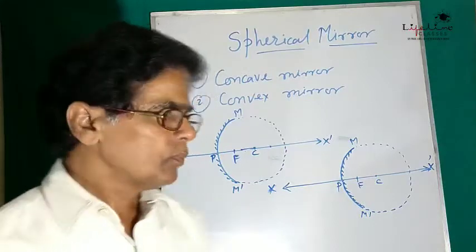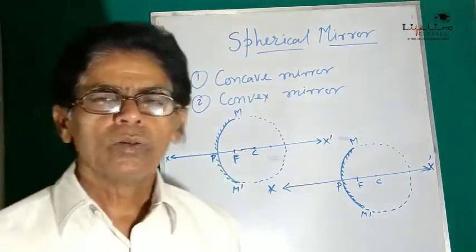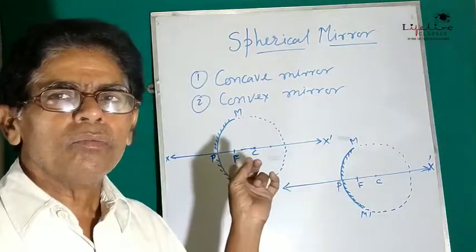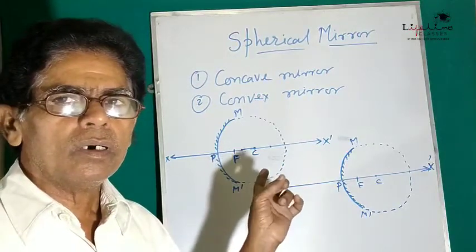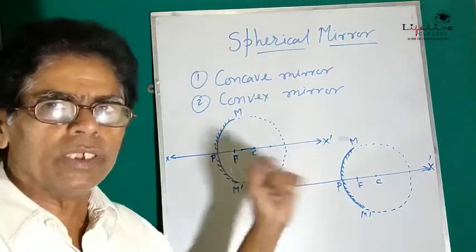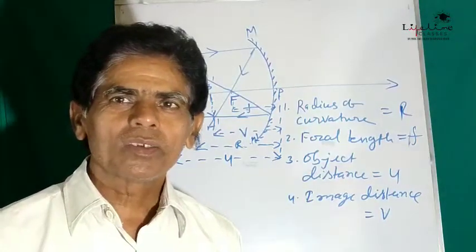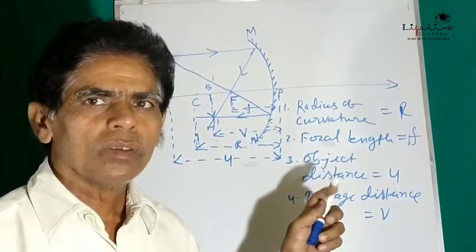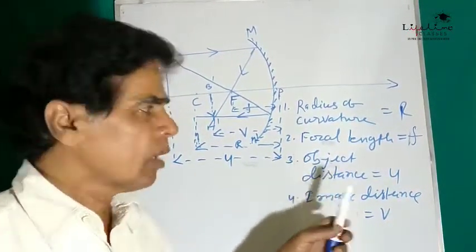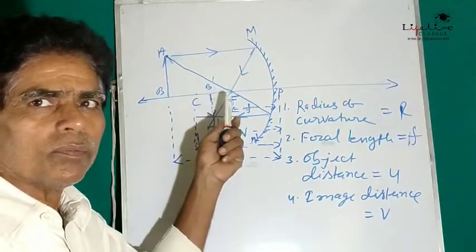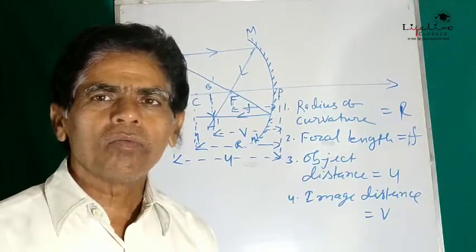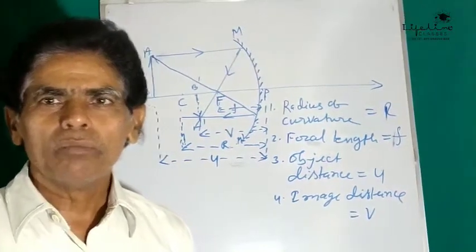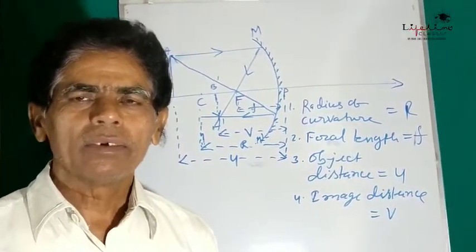Now, let us come to the radius of curvature. Pole is denoted by symbol P. Center of curvature is denoted by C. What is radius of curvature? Radius of curvature is the radius of the imaginary hollow sphere of which the mirror is a part.